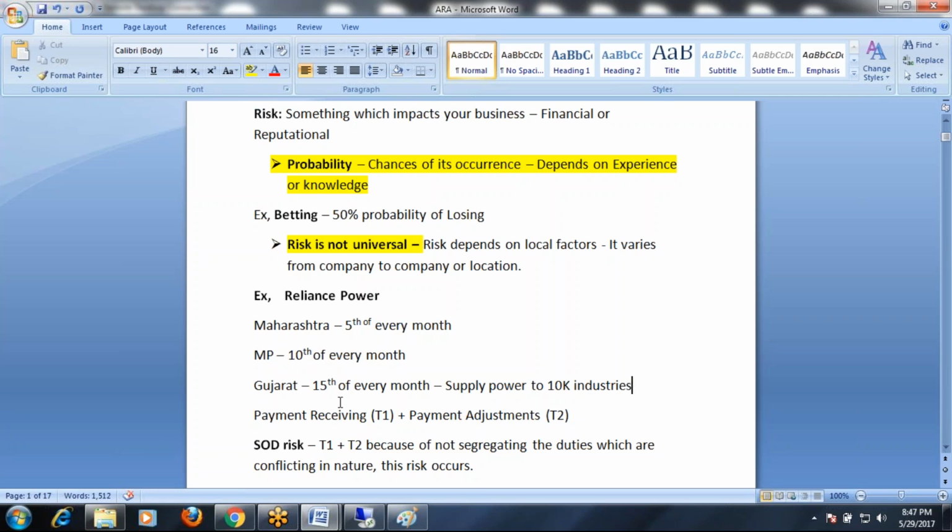Now imagine the same sort of fraud happens within the Gujarat government. Is it possible to track from where the payment is coming and where it is getting adjusted? Is it easy to track?